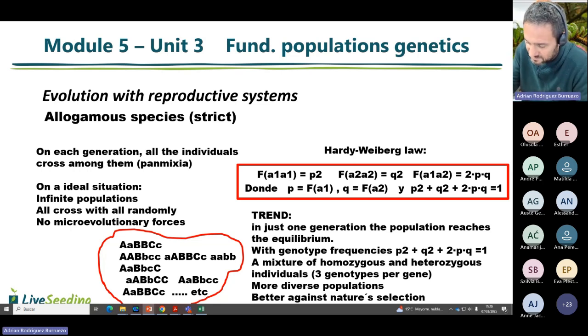Also, in cultivated species we have a range of allogamous crops, but only in cultivated or domesticated species is it possible to find a high number of autogamous species, while in nature this is not so usual.